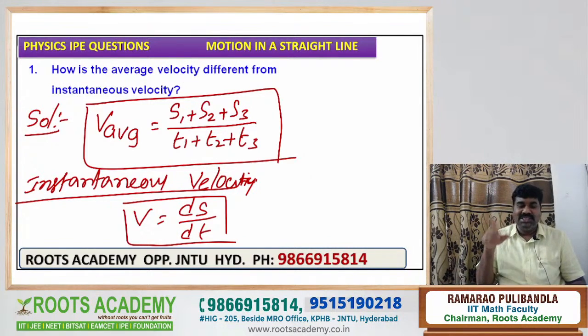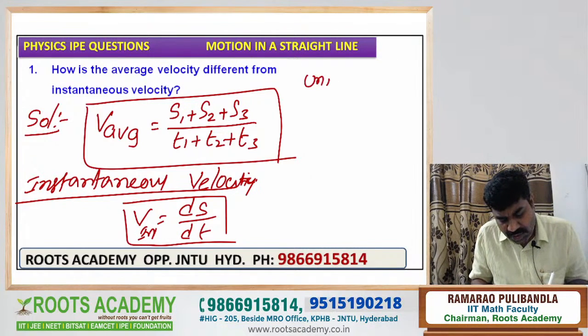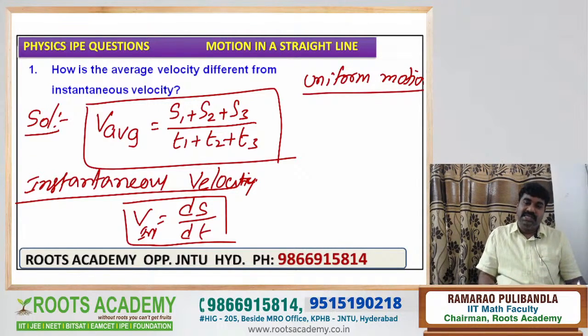The average velocity is the total displacement by total time, and the instantaneous velocity is the velocity at a particular instant of time. Now, average velocity and instantaneous velocity in uniform motion. What is uniform motion? The body moves with constant velocity.